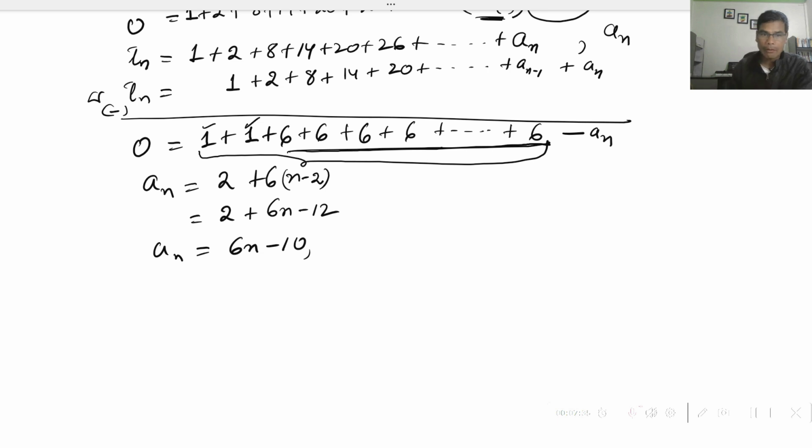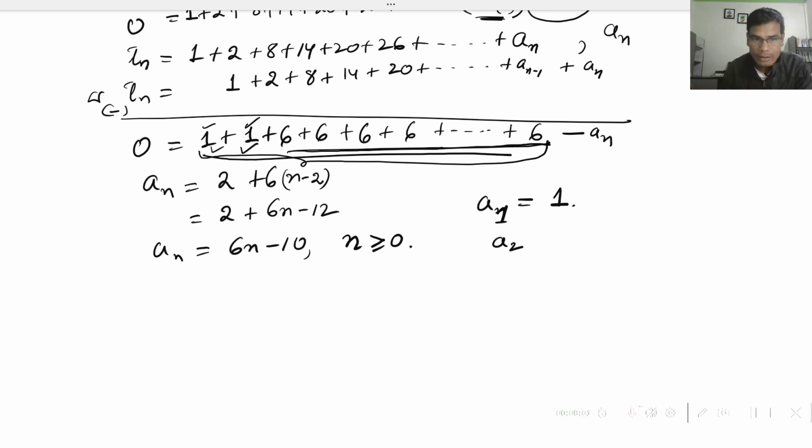Now one thing we have to note here is that n is from 2 onwards. What is this a suffix n? It is the sum of these n terms. When you take a1, that means only the first term, which is 1. When you take n as 2, that means the sum of the first and the second.